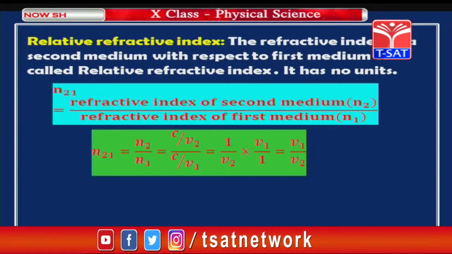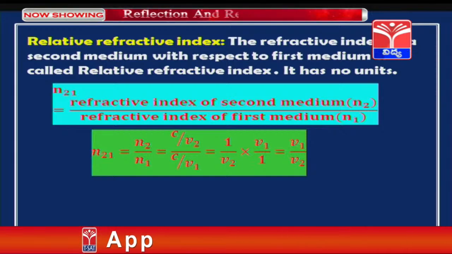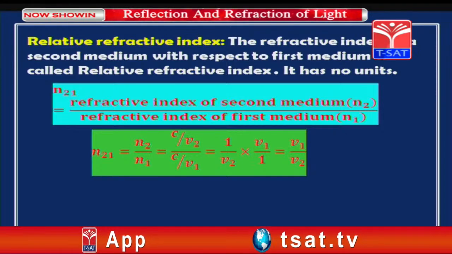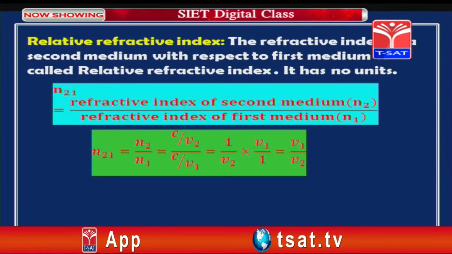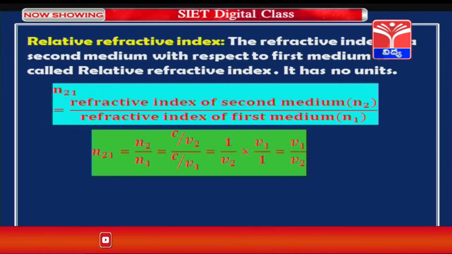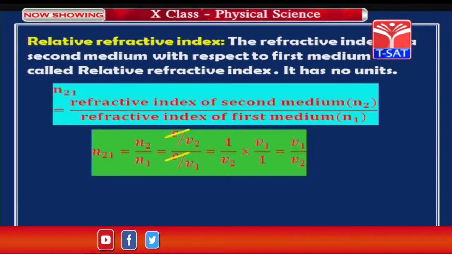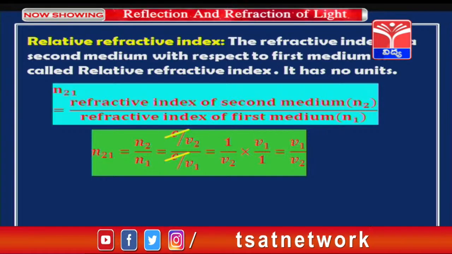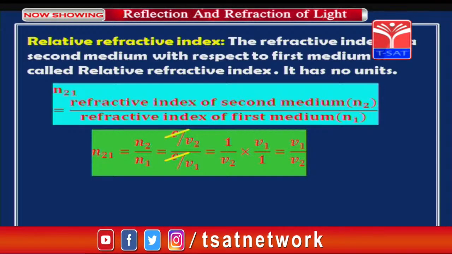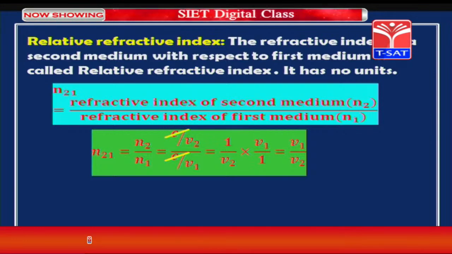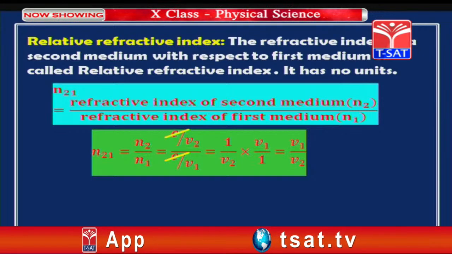In place of n2 we can write c by v2. In place of n1 we can write c by v1. Here c gets cancelled. So, we will get 1 by v2 into v1 by 1, that is equal to v1 by v2.